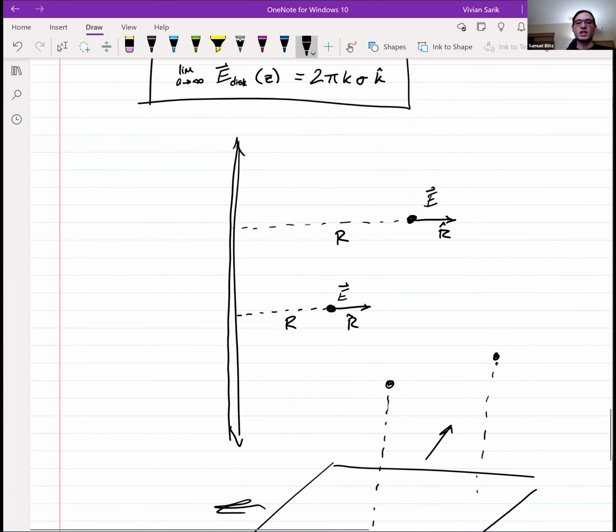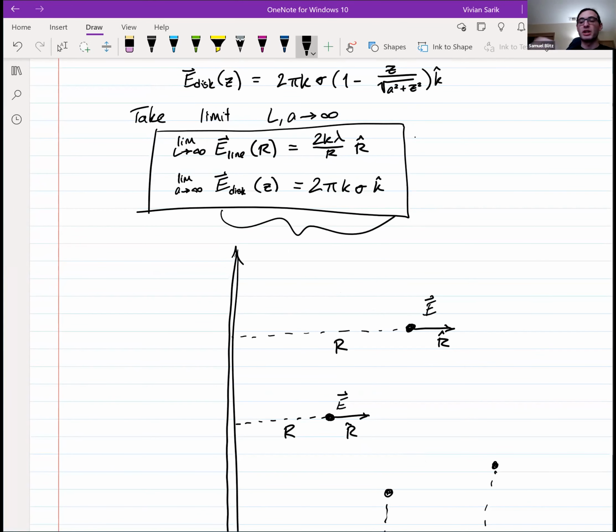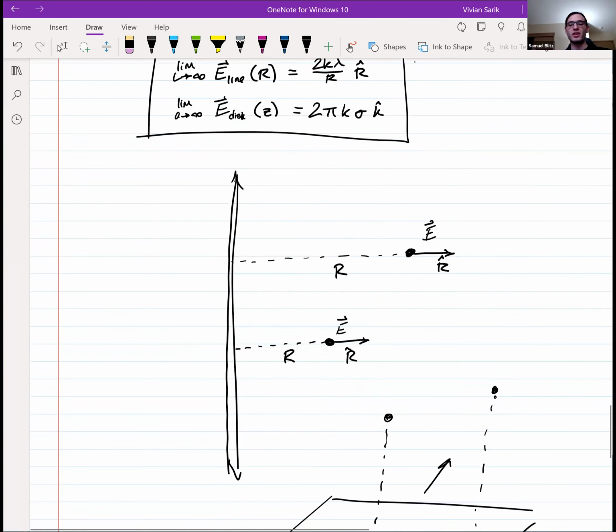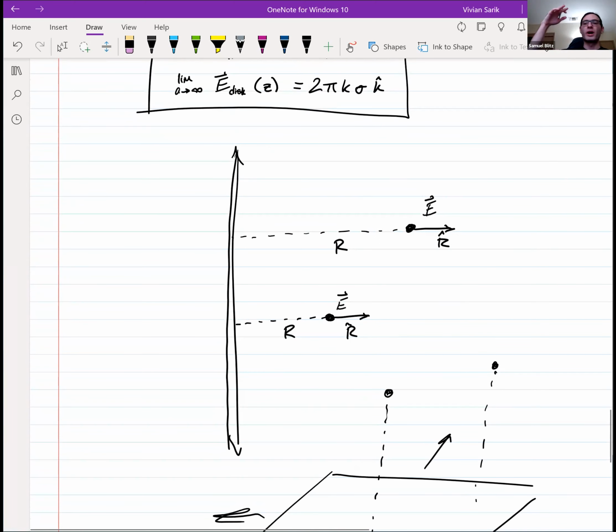Now, something interesting here for the disk in particular, which becomes the infinite plane, is that the field doesn't depend on how far away you are from the plane at all, which is really strange. It would seem that the further you are from the plane, the less electric field you should feel. But that's just not the case.